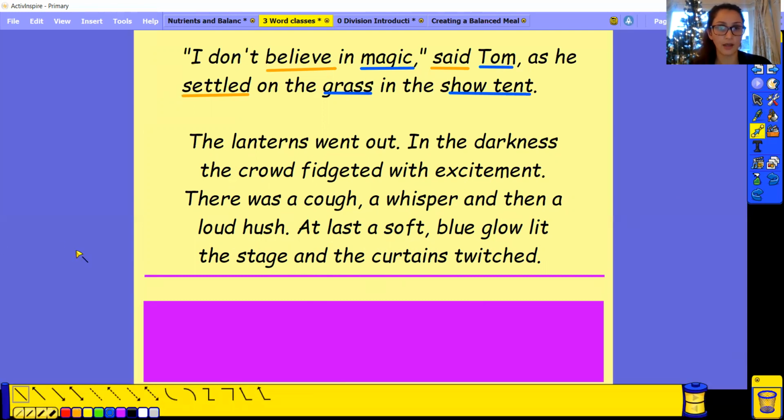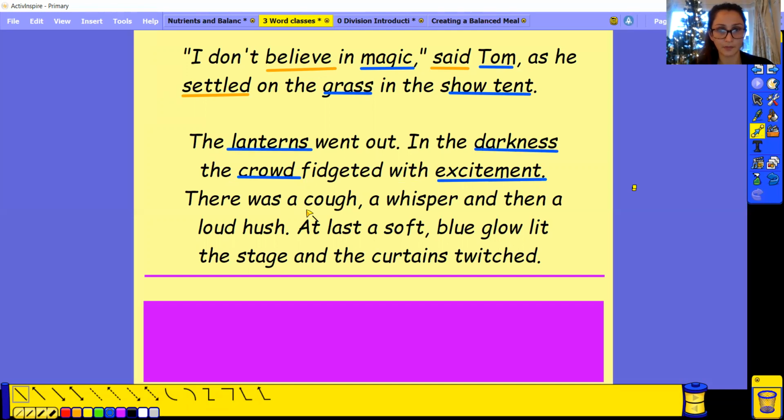So here we are. We'll do nouns first. So let's read this first sentence. The lanterns went out. So well done if you said lanterns was the noun. In the darkness, the crowd fidgeted with excitement. So darkness is the noun. Crowd, remember it's a lot of people, and excitement are nouns here. There was a cough, a whisper, and then a loud hush.